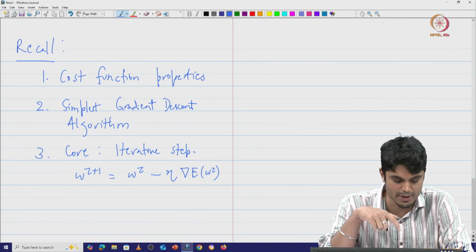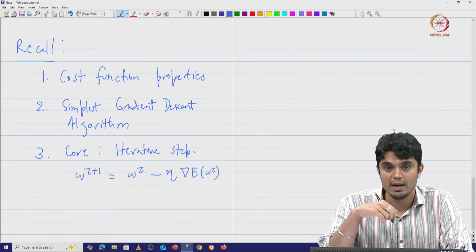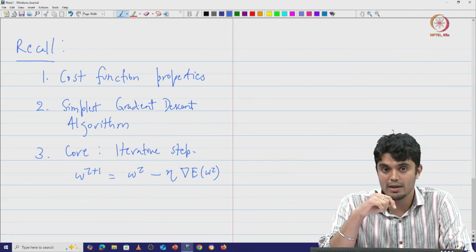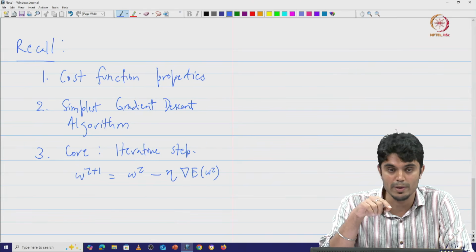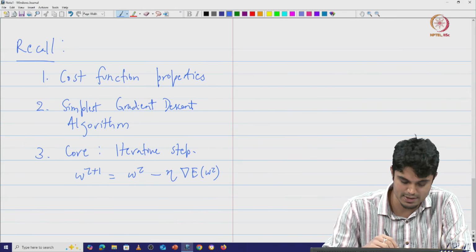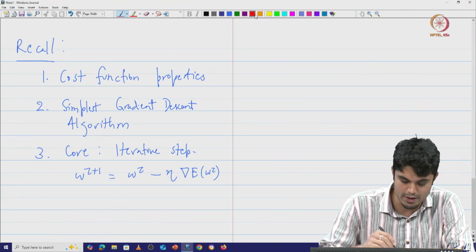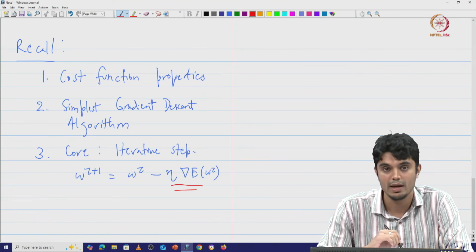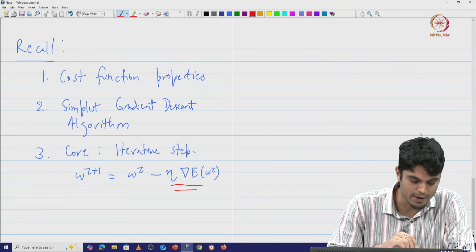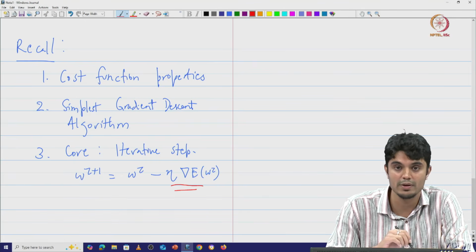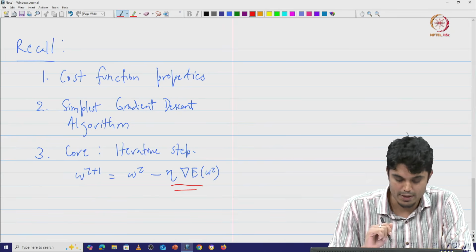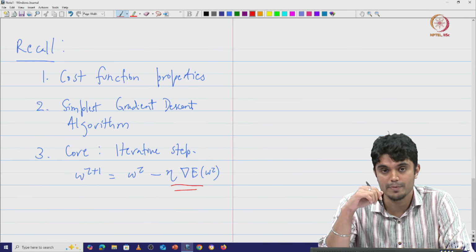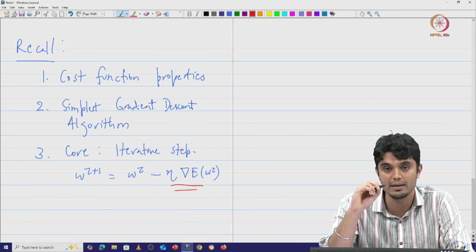When you look at this iterative step, the nabla E of omega tau, which is the gradient of E at omega tau, would become 0 at the local minima, and then this particular term is going to become 0 at that point, and the iterative step is always going to give the same value of omega tau vector, right. So, we could get stuck at the local minima.